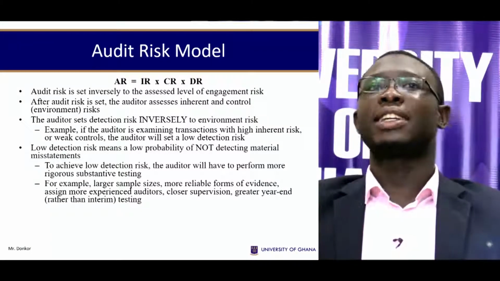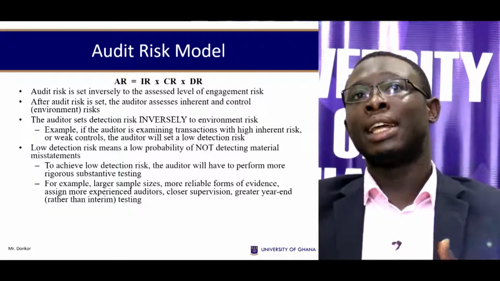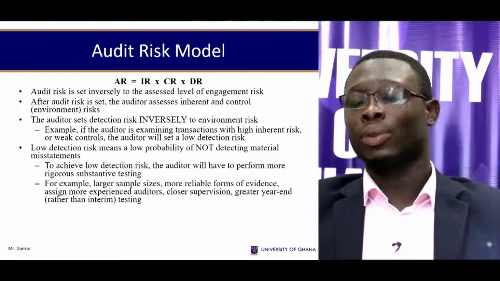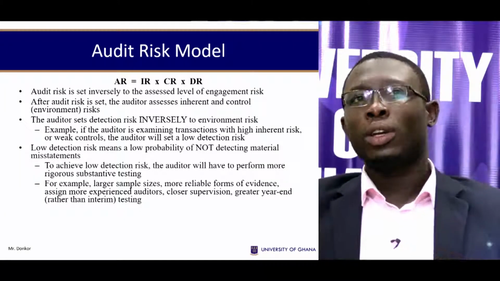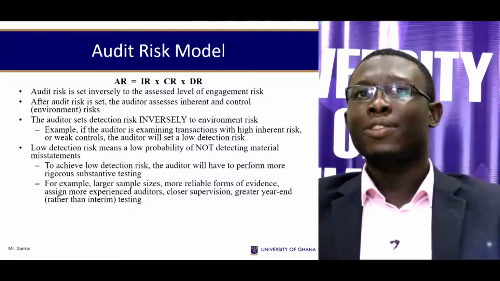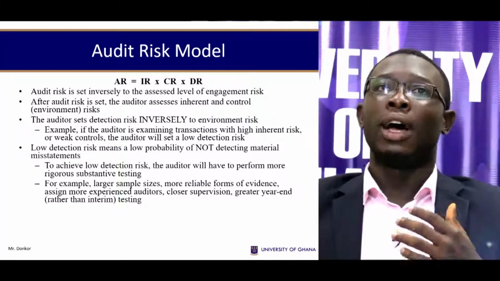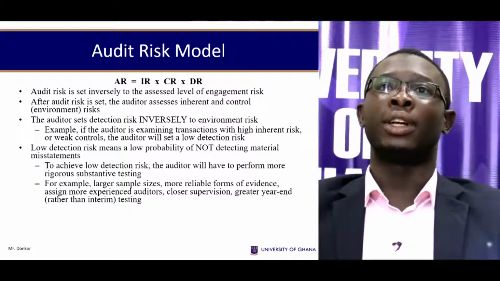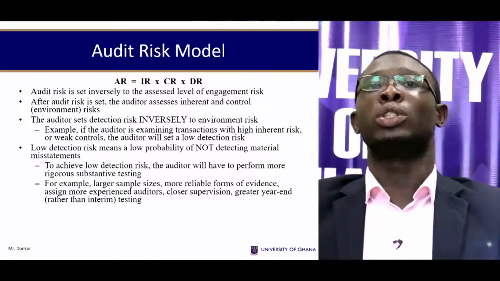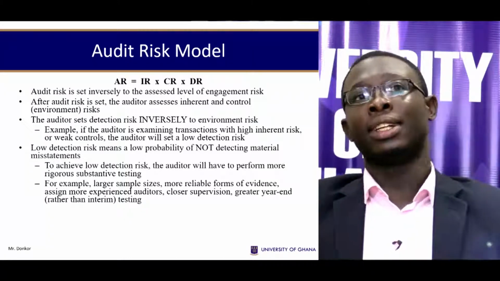So audit risk is set inversely to the assessed level of engagement risk. After audit risk is set, the auditor assesses inherent and control risks. The auditor sets detection risks inversely to environment risks. For example, if the auditor is examining transactions with high inherent risks or weak controls, the auditor will set a low detection risk.